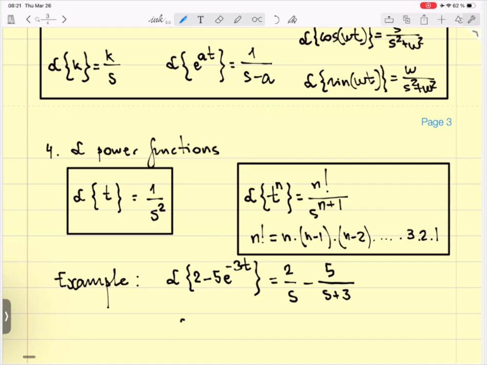Now compute the Laplace transform of 4 times sine of 2 times t. It equals 4 times the sine transform, omega divided by s squared plus omega squared. So 8 divided by s squared plus 4.